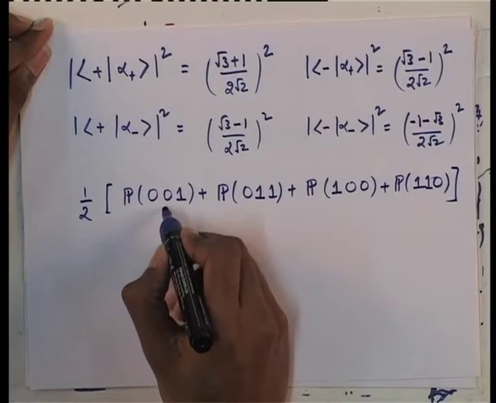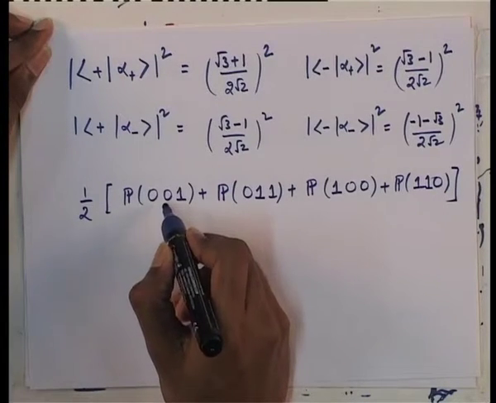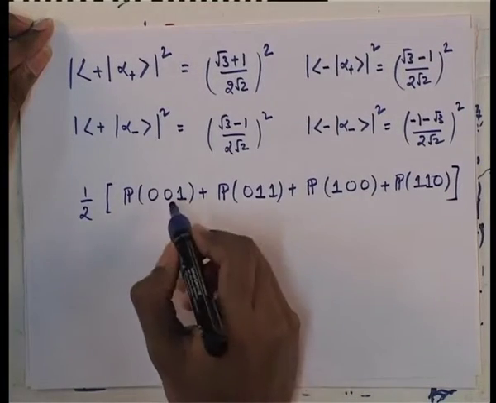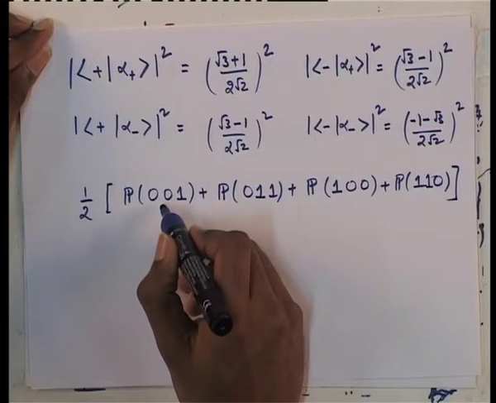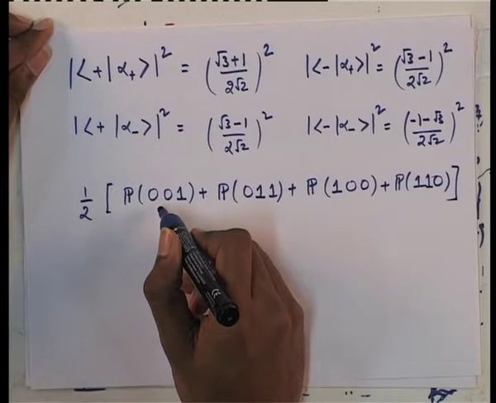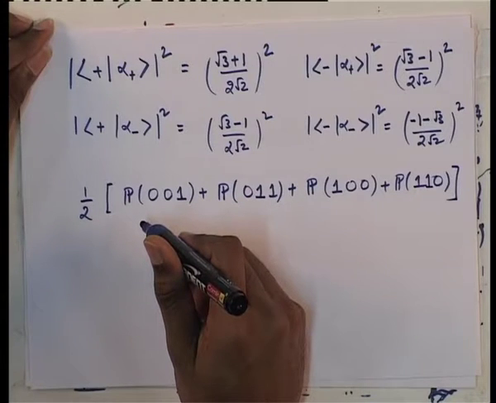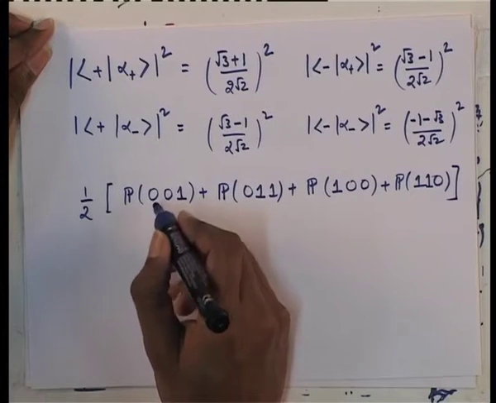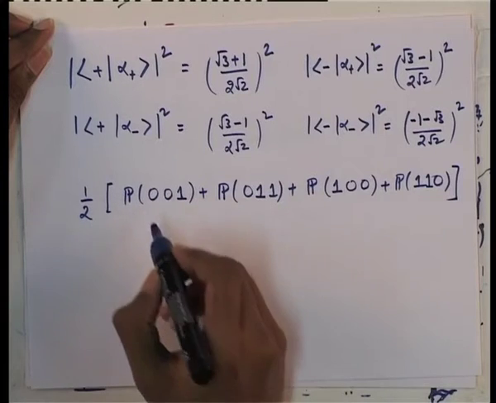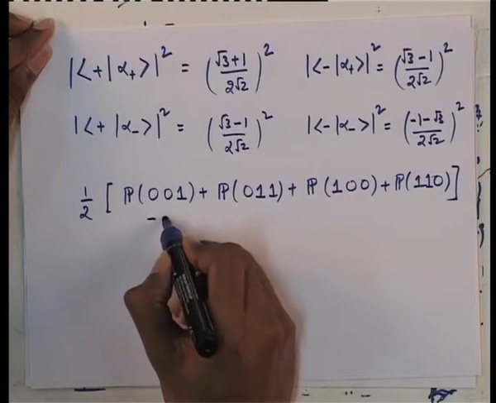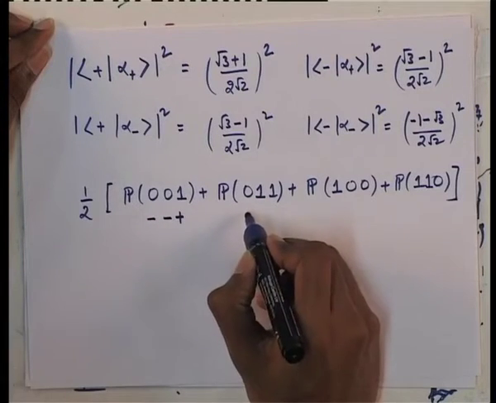Probability of Eve obtaining a 0 here, as Alice and Bob are using plus and minus basis, say 0 corresponds to a minus and 1 corresponds to a plus.